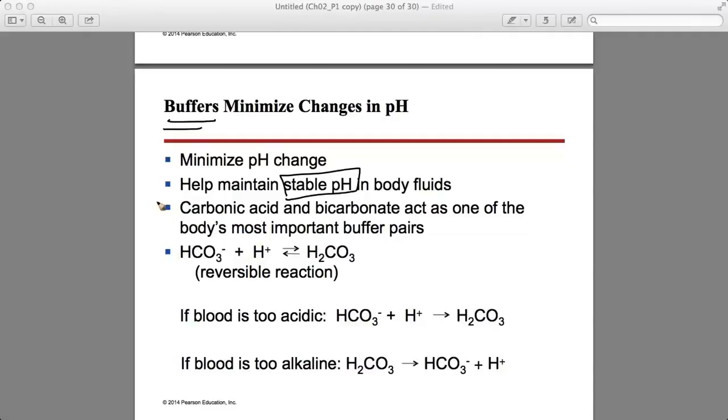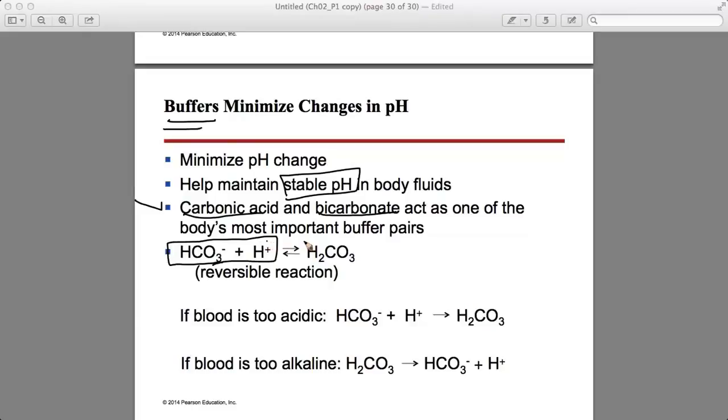A very important system that regulates pH is the interaction between carbonic acid and a compound known as bicarbonate. And so here, when carbonic acid dissolves in water, it gives off hydrogen. That's why it's called an acid. It gives hydrogen, making the solution acidic.